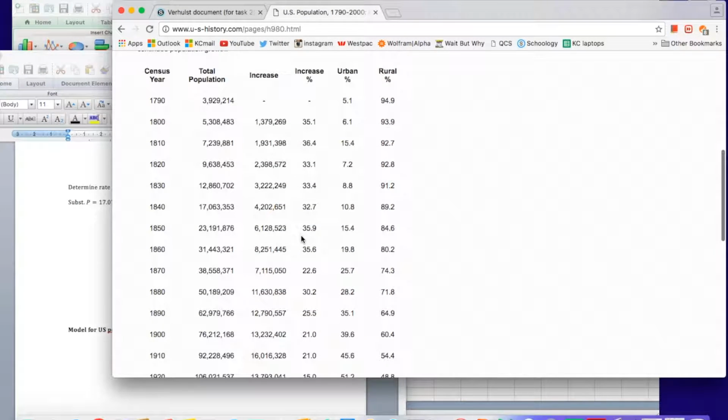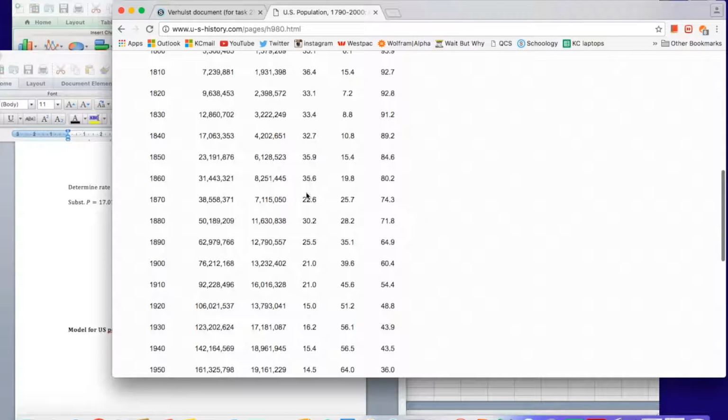What you'll notice is that in the time period that we were focusing on initially, from 1790 up to 1840, the annual population growth rate is somewhere around 3.5, maybe a little bit less in some periods. So it's never below 3.27.